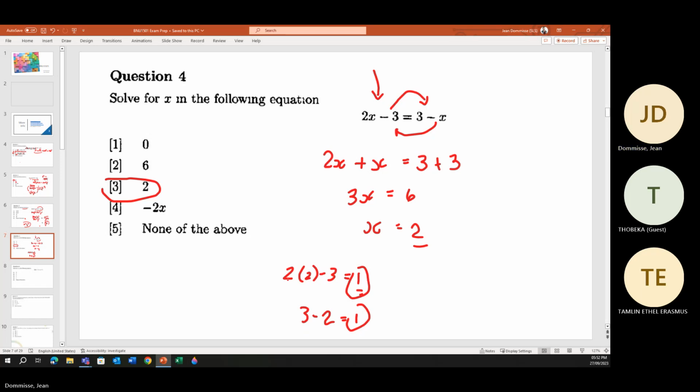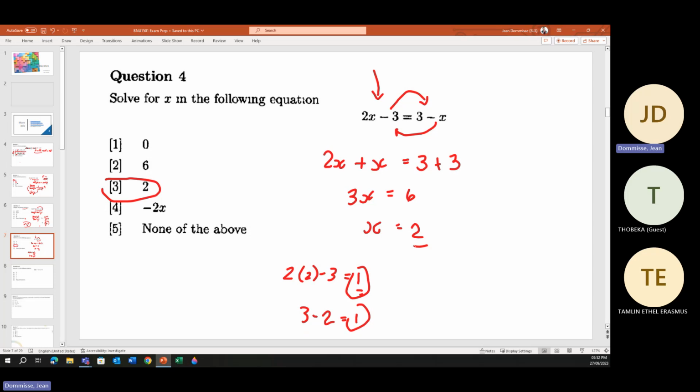So here we tested it by putting it into the left-hand side, which gives you positive 1. And when we put it into the right-hand side, we also get positive 1. So then we know at least the x that we got is correct.